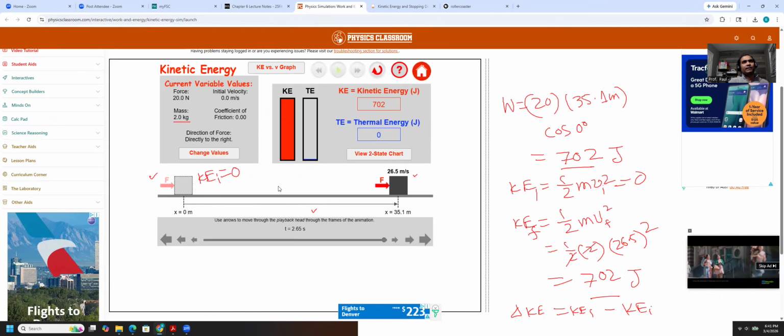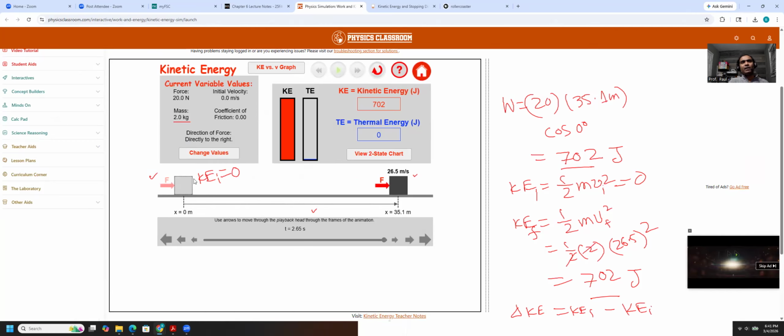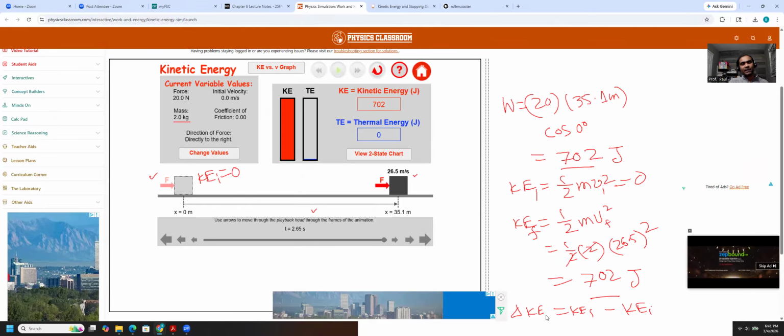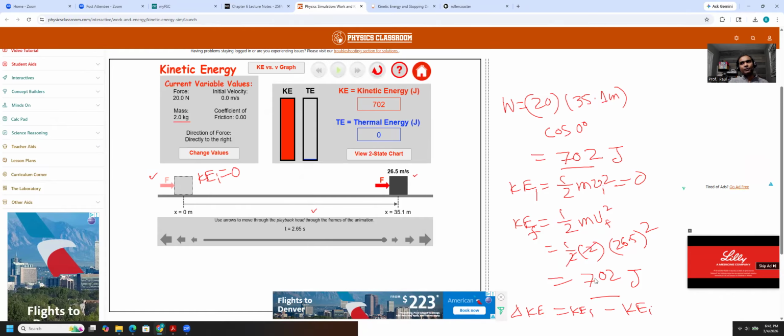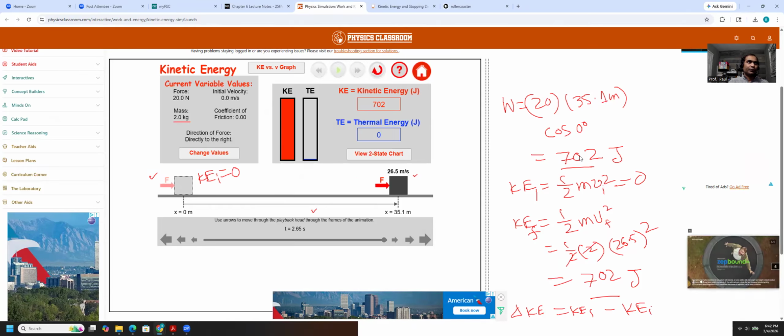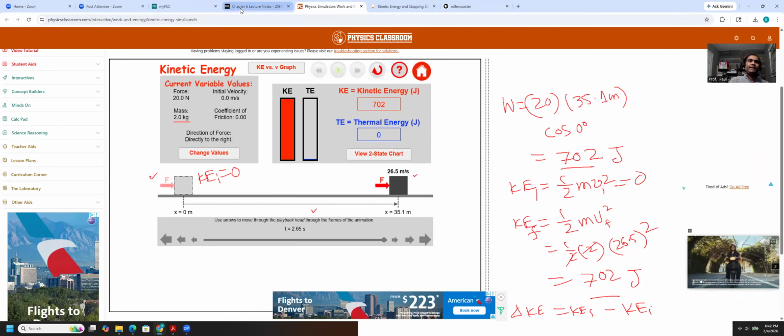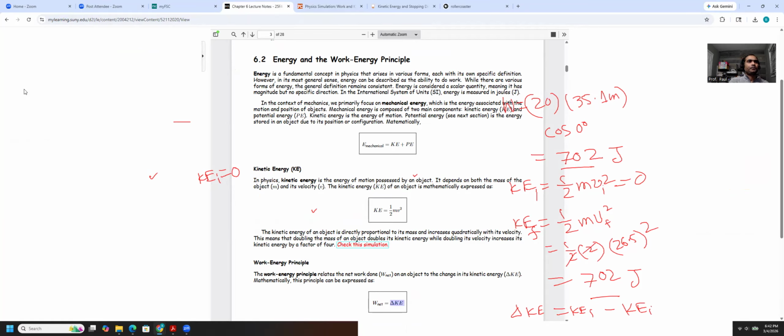Okay, and now this is actually equal to 702. So this is this, and this is 0. So final minus initial is the change in kinetic energy. So this is equal to 702, and you see the work done is also 702. So it proves this equation, right?